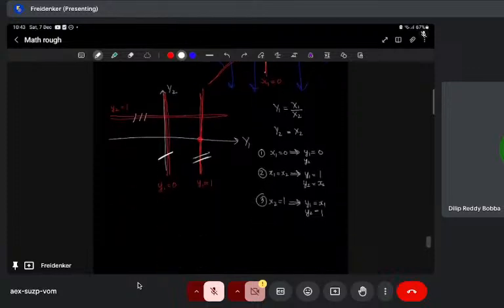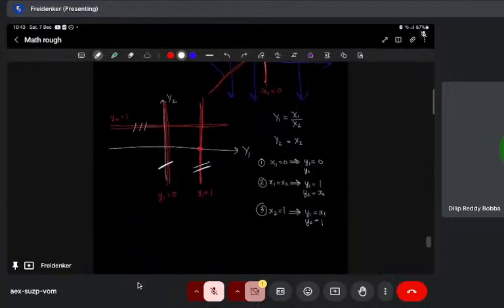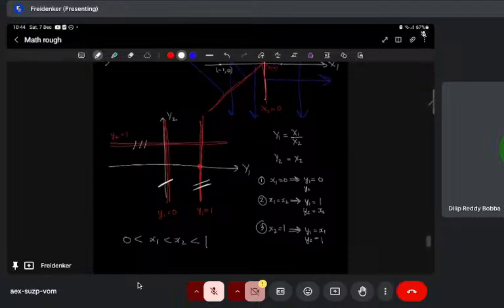The constraints are 0 less than x1, less than x2, less than 1. Intuitively you can see that the region bounded by these lines should be somewhere over here. If you can't see that intuitively, you can use math to find that. Okay, I'll show you math.